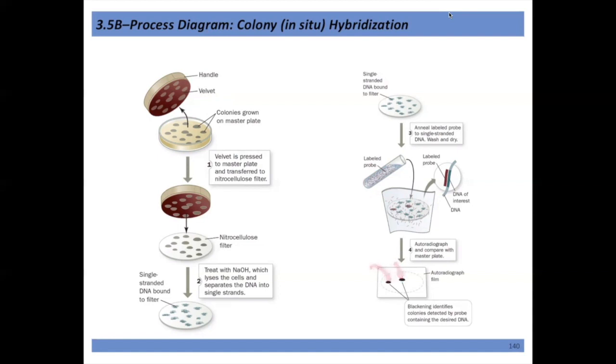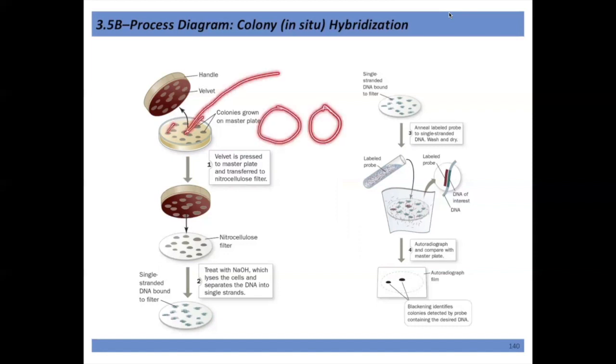Then what you do is you go back to your master plate, and you have this index, so you know where those colonies are. And so those two colonies right there have that sequence of interest. And then what you do is what's called picking a colony. So you go in and you pull off a little bit of that bacteria, and you put it on a new plate.